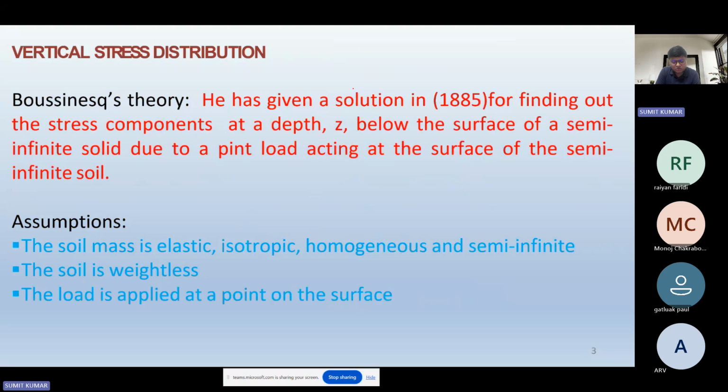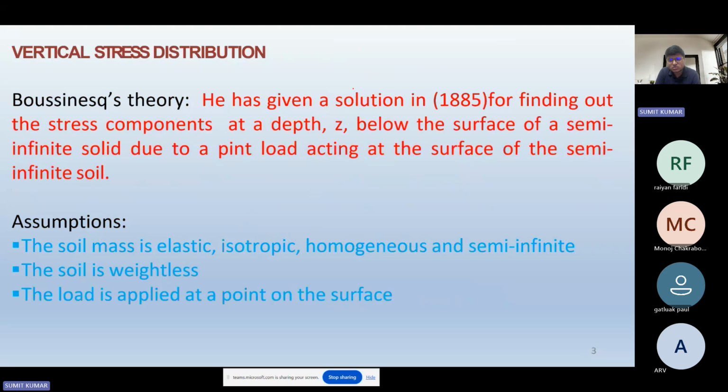What are those equations? What are the assumptions made during the derivation of those equations, and how are they useful in calculating the vertical stresses at any point below the ground surface in two-dimensional and three-dimensional spaces?